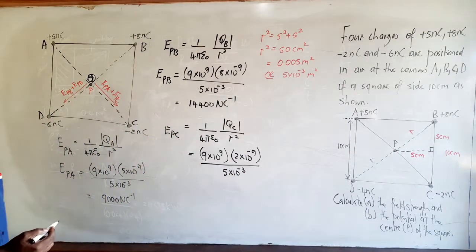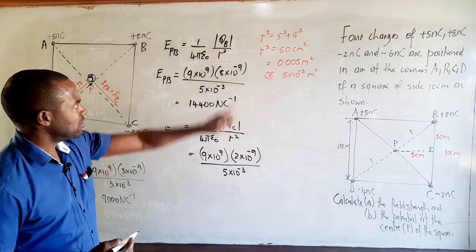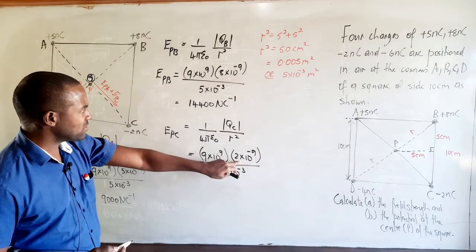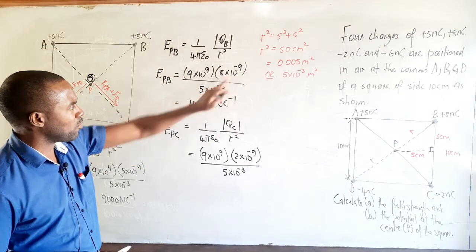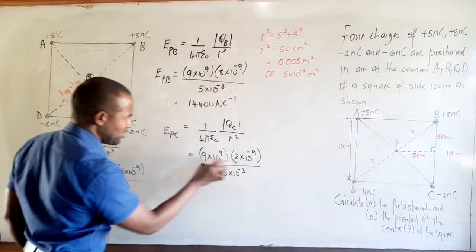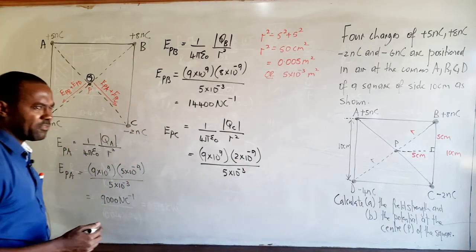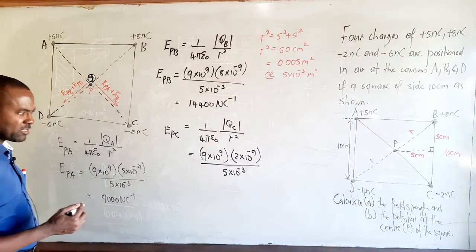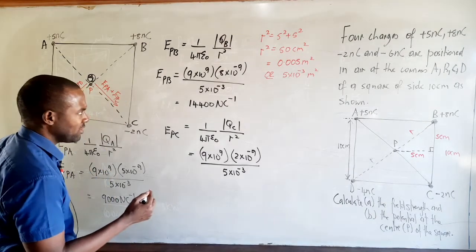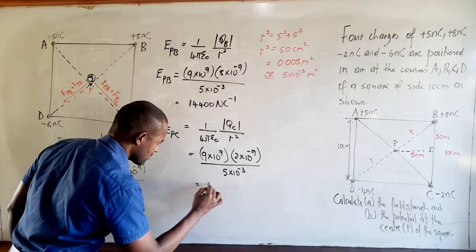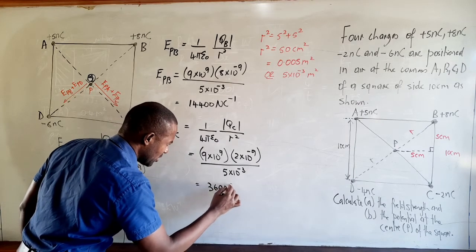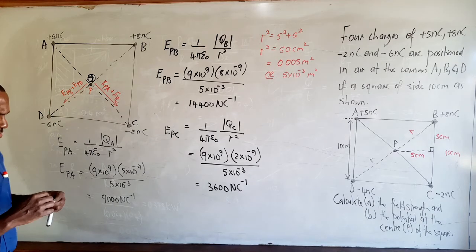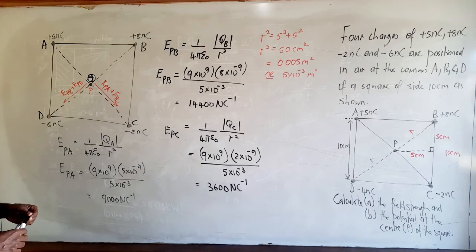If we compare this to that, the only difference is that we have 8 as opposed to 2. So this should be exactly a quarter of that. But if you work it out, 9 times 2 is 18. 18 divided by 5 is 3.6. So this should give us 3,600 newtons per coulomb.